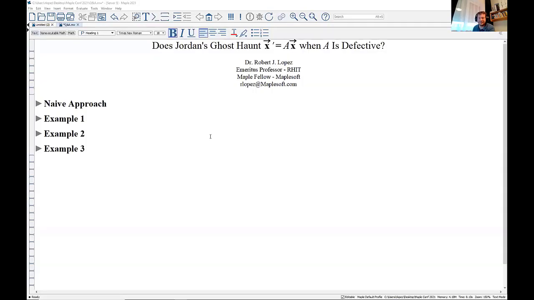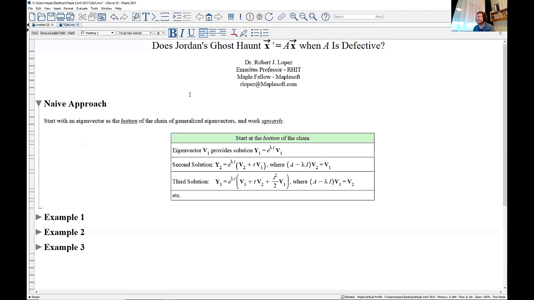Okay. All right. So I'm looking at the linear system of differential equations. A is a constant matrix, so x prime equals Ax, and A is defective. So there are not enough eigenvectors. Typically, in a textbook, what's taught is a naive approach. You start with the eigenvector that you have.